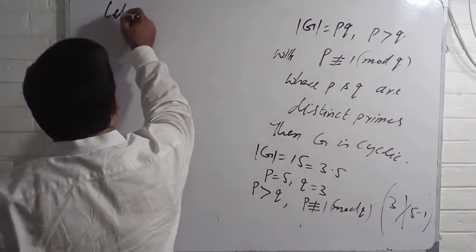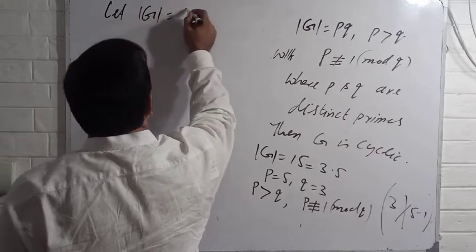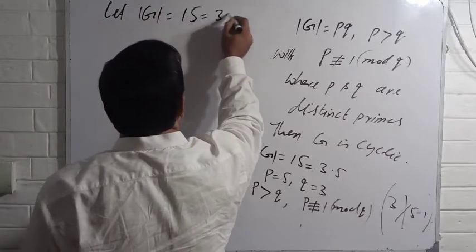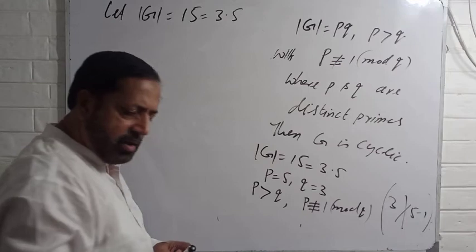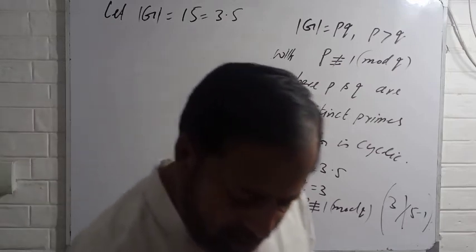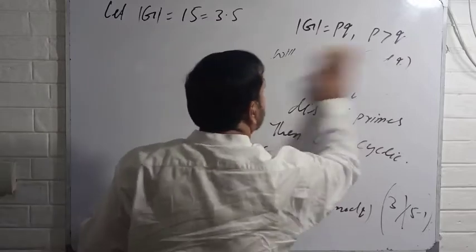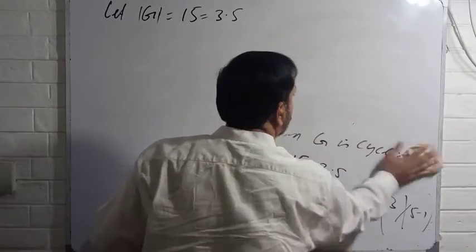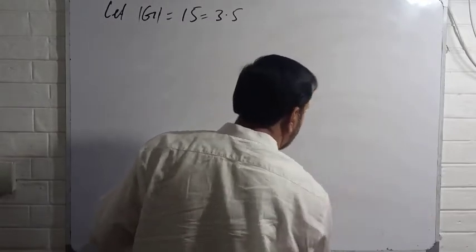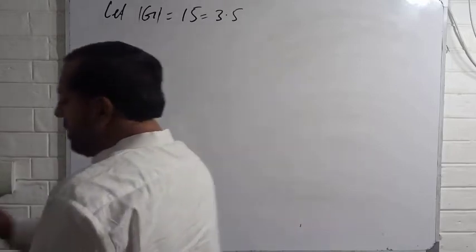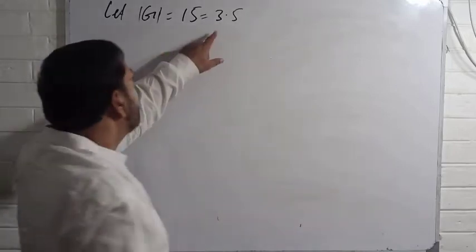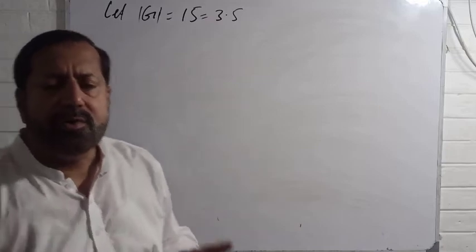Let the order of G be 15, that is 3 into 5. Then by Sylow's first theorem, what is Sylow's first theorem?